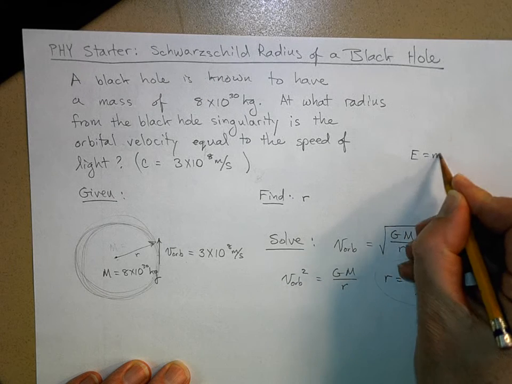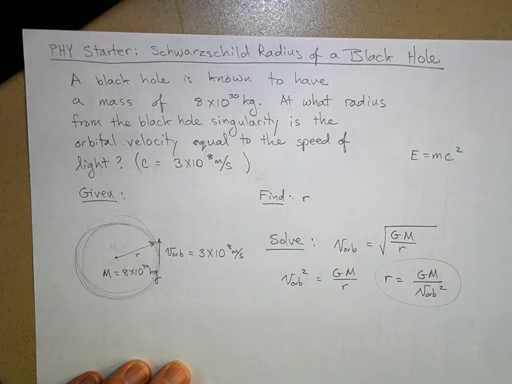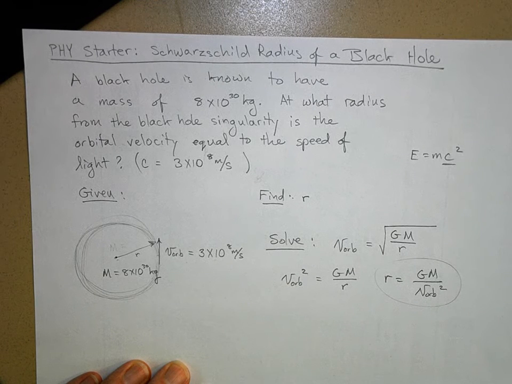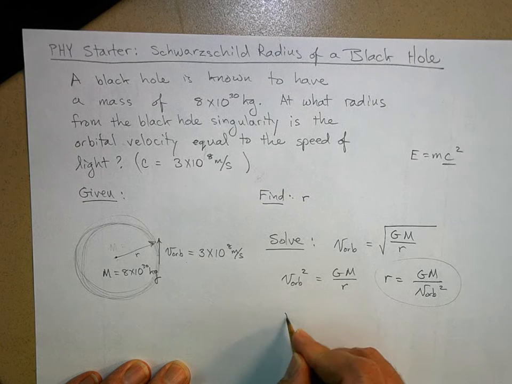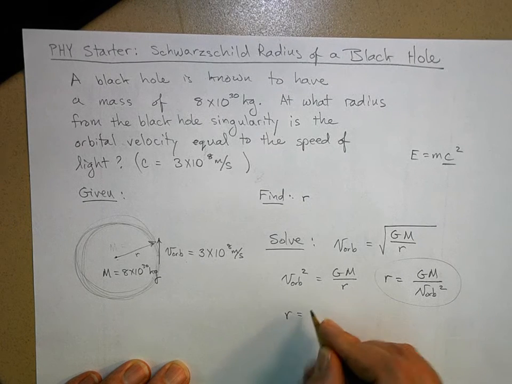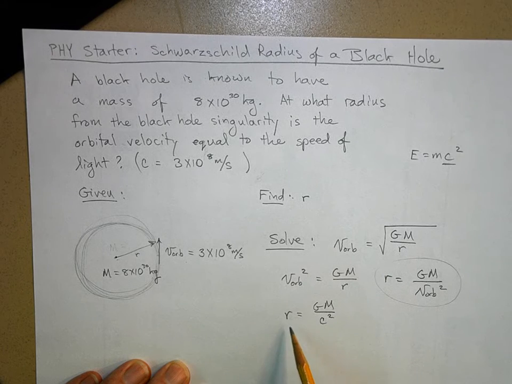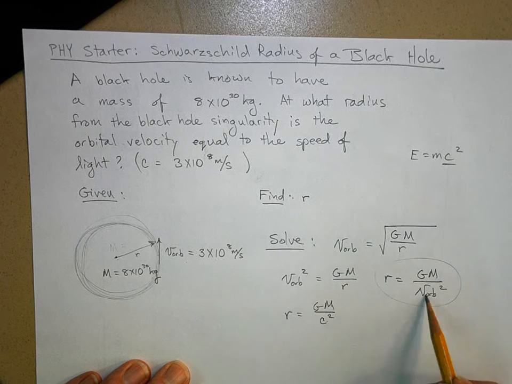E equals mc squared. Guess what that c is? That's the speed of light. So if I wanted to be really fancy here, I would say the Schwarzschild radius is equal to GM over the speed of light squared, because the speed of light is our orbital velocity. It doesn't matter what you call it, though.